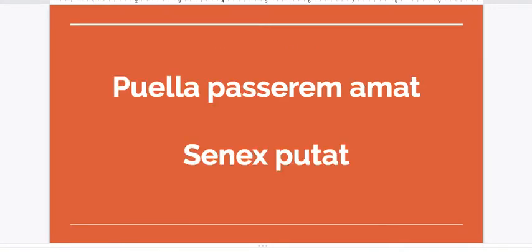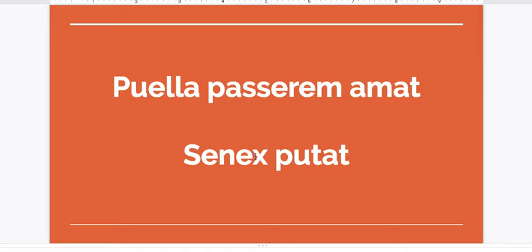We've seen a couple examples also of these words in the mini sentences we did during class the other day. Puella passerem amat. Senex puta. Which of these words is third declension? There are two of them here. Some of you may have identified passerem and senex, and you would be correct, right?